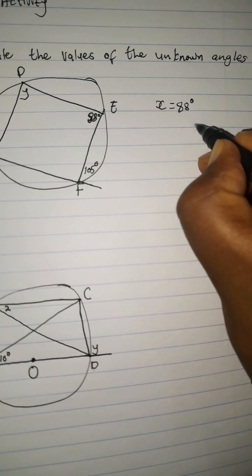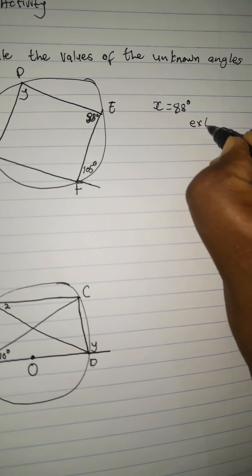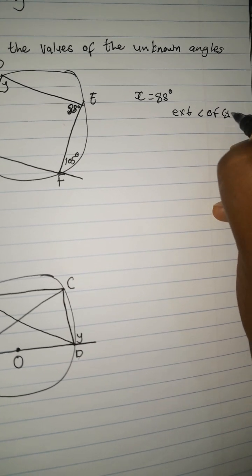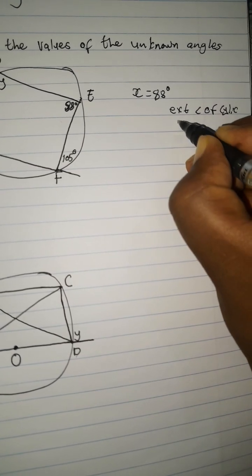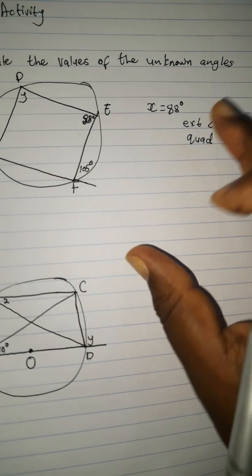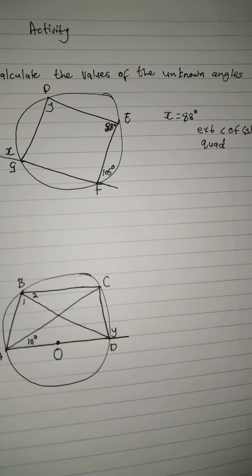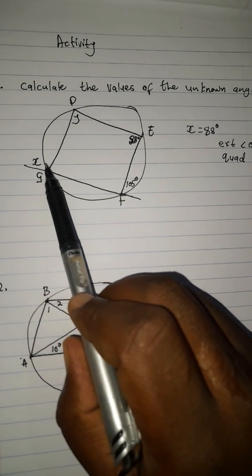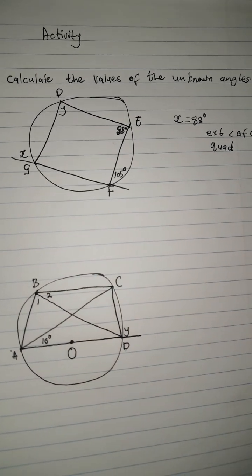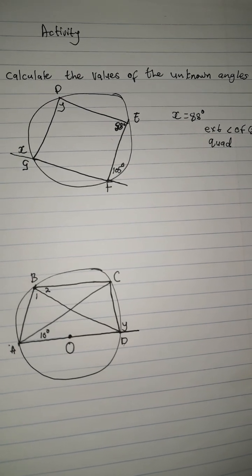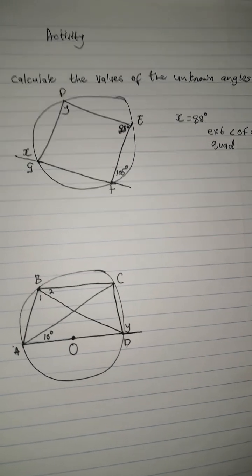The reason will be: exterior angle of a cyclic quad. So that's how it should be. In other words, we also have 88 here as our exterior angle. Are we done? No, we are not done.